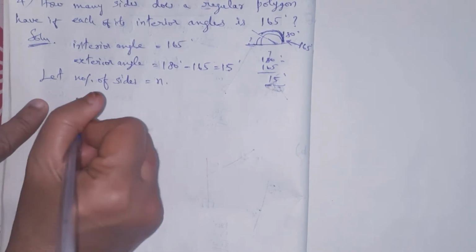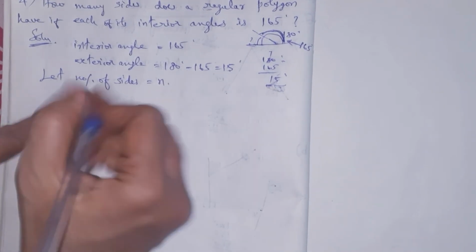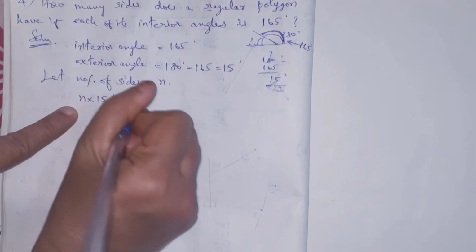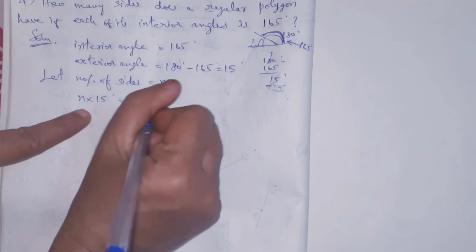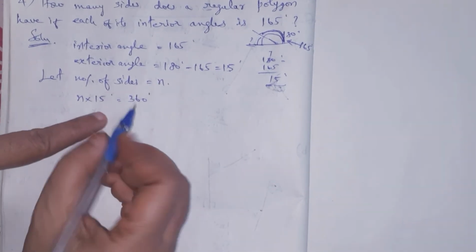Now n times 15 degrees equals the sum of the exterior angles, which is 360 degrees. So n into 15 is 360.